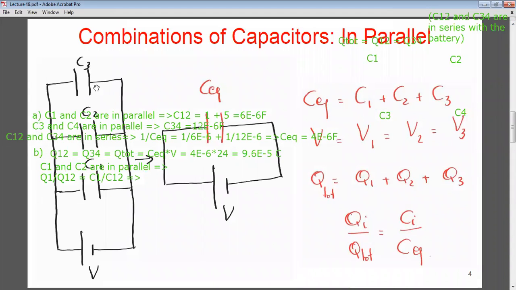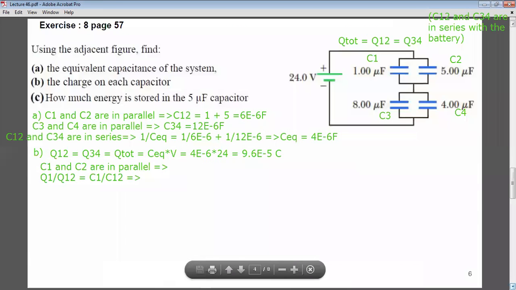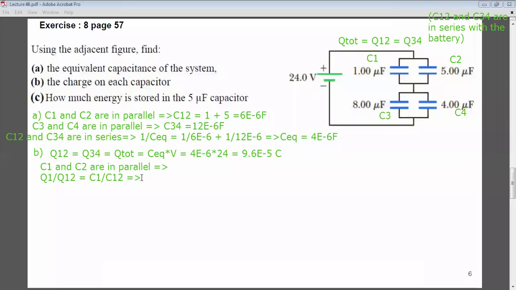When we have a parallel combination, the charge on one capacitor divided by the Q across all the capacitors is equal to the C across the capacitor divided by the C equivalent. So I get Q1 is equal to C1 times Q12 divided by C12.